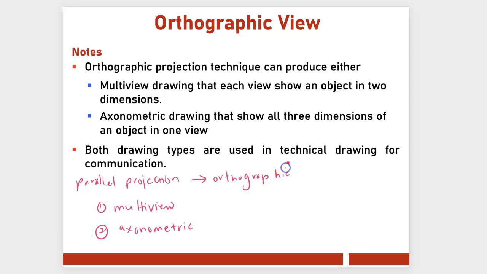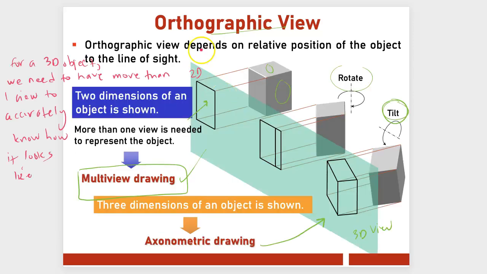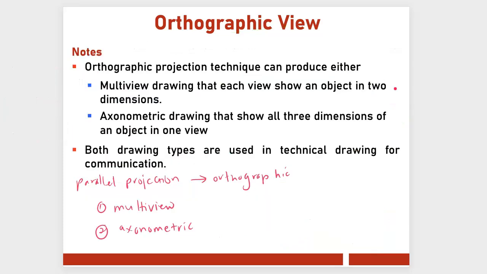What is orthographic? Orthographic view depends on the relative position of the object to the line of sight. We have our plane of projection, and we connect it with the line of sight. Whether the object is rotated or tilted, you draw whatever the line of sight tells you. From parallel projection, we have the orthographic view.